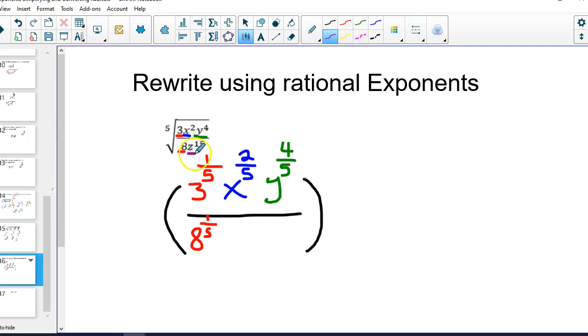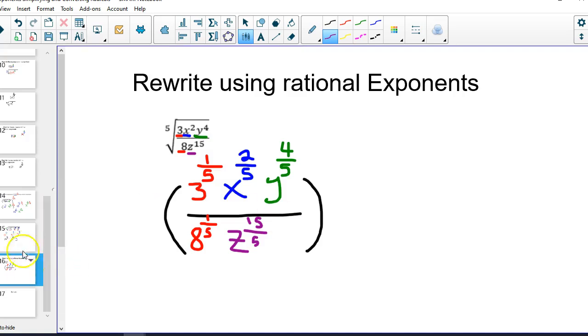Our z is being raised to the 15th power and has an index of 5. So you just treat each term individually, even though it's on the top or bottom of our fraction, it doesn't matter.